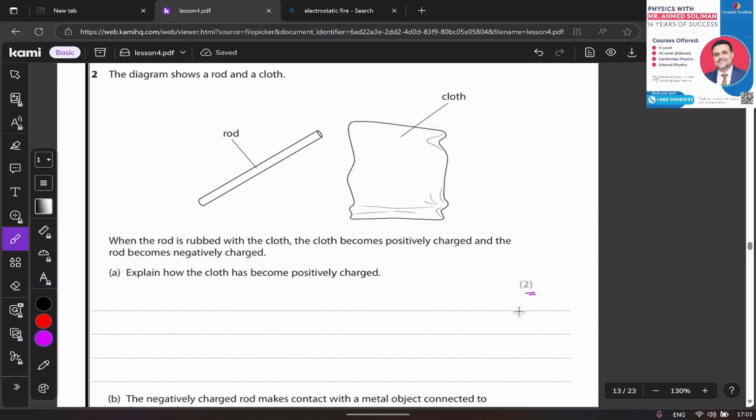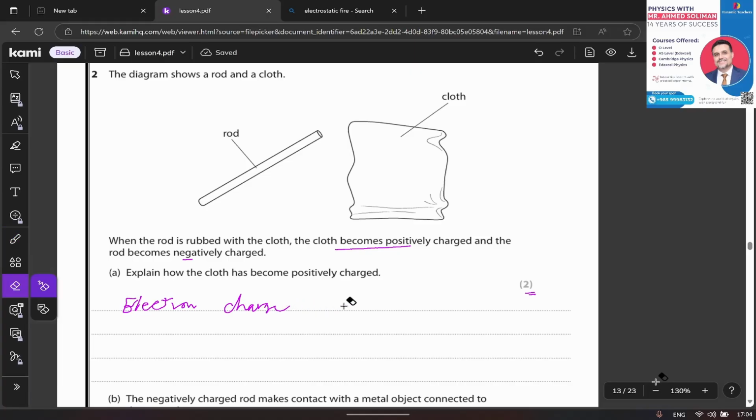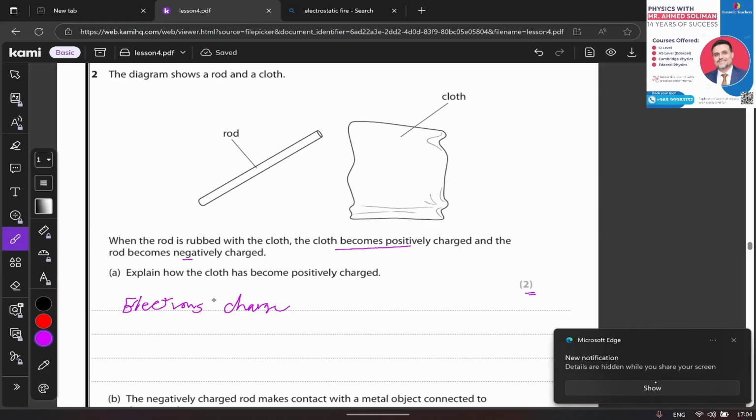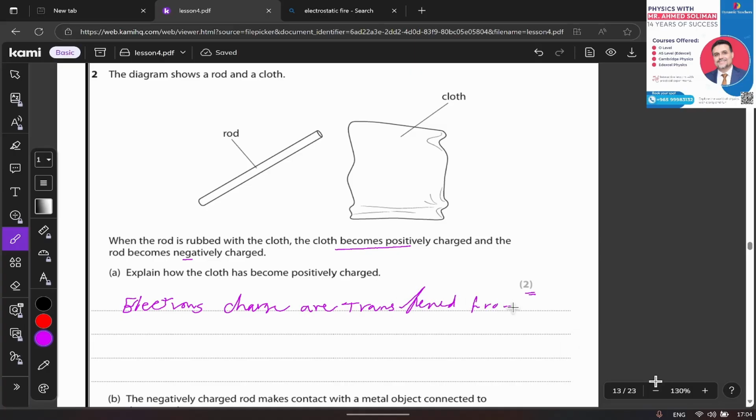Yes, so this question has 2 marks. When the rod is rubbed with the cloth, the cloth becomes positive and the rod becomes negative. Explain. So you can write what? Electron charge. Electrons are transferred from the cloth to the rod.